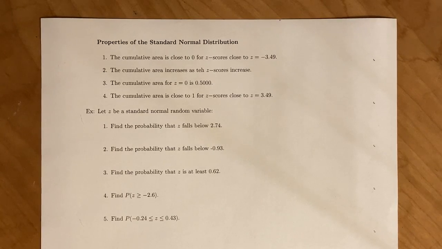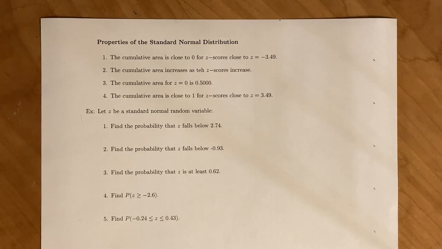Now that we have those two tables readily available, let's look at some of the properties of these tables, and then we're going to look at examples on how to use these tables. So the first thing to notice, if you go to the table called just table 4 with the negative z-scores, the cumulative area is close to 0 for z-scores close to z equals negative 3.49.